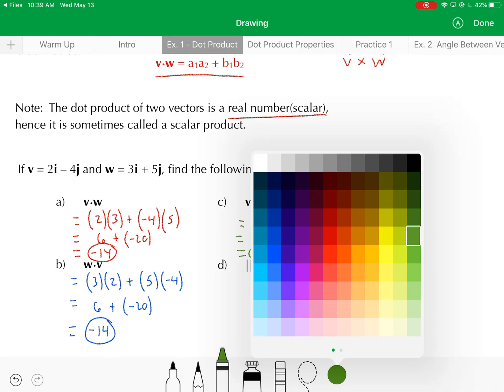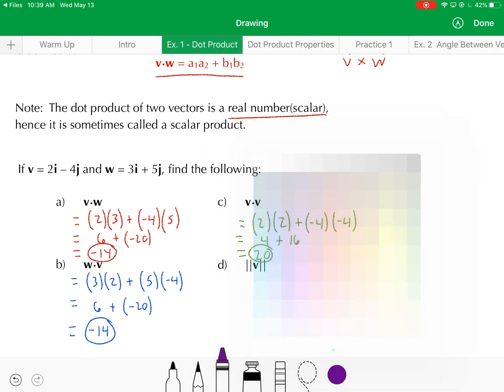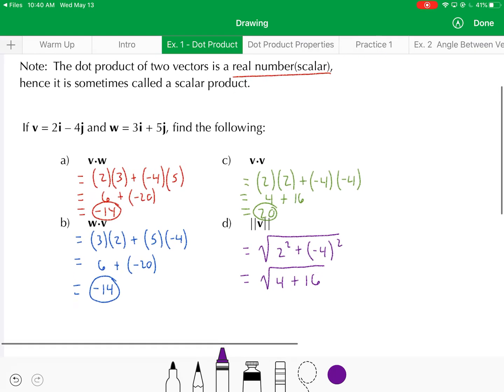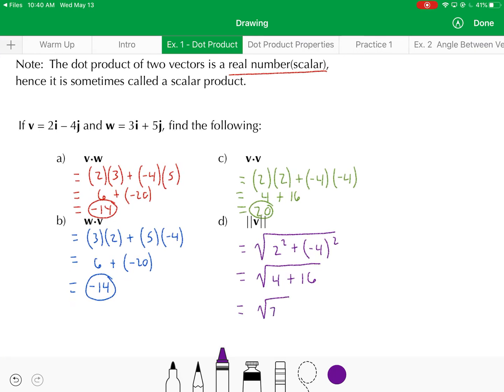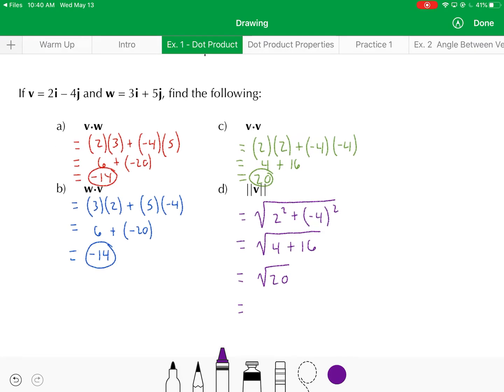And lastly, I want to find the magnitude of this vector v, and hopefully we'll see a connection between its result and what we just found with the dot product of vector v with itself. Okay, so the magnitude of vector v would equal the square root of 2 squared plus negative 4 squared, which is the square root of 4 plus 16, or the square root of 20, which we know can simplify, of course, to 2 radical 5, right?